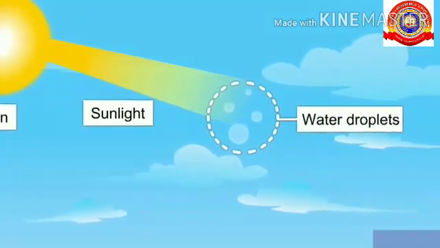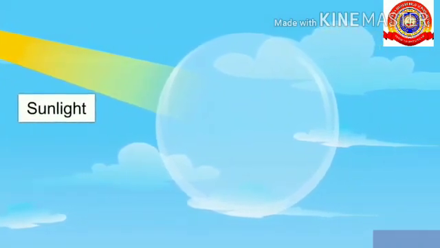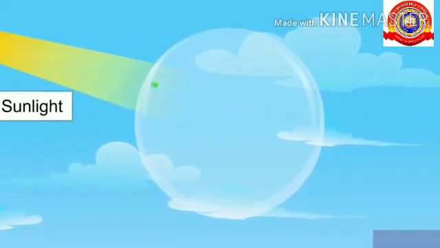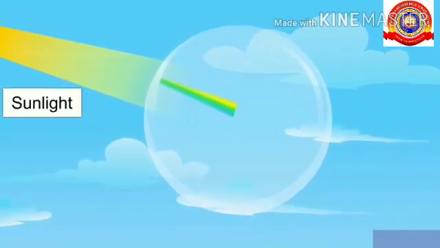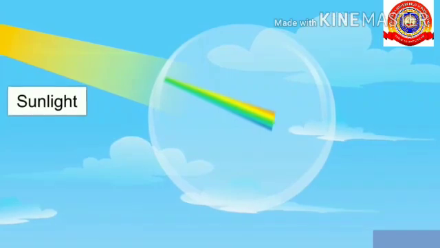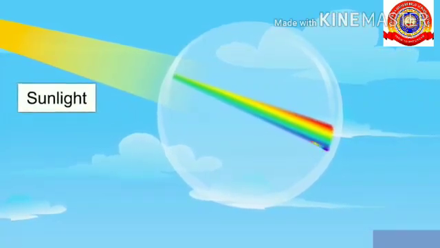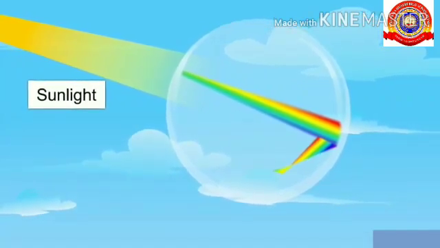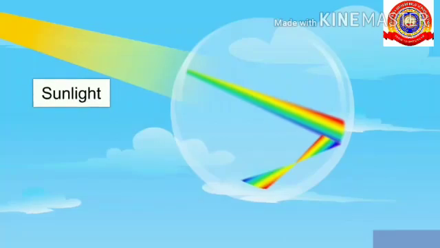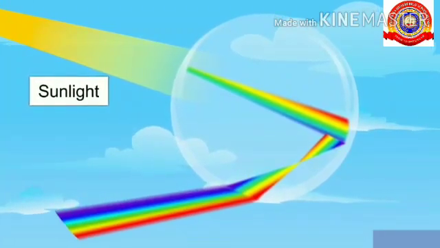When sunlight passes through the water droplets in the atmosphere, each water droplet acts like a prism and refracts the incident sunlight. As soon as the sunlight enters the prism, it splits into its constituent seven colors, that is VIBGYOR. After refraction, it comes out of the raindrop.